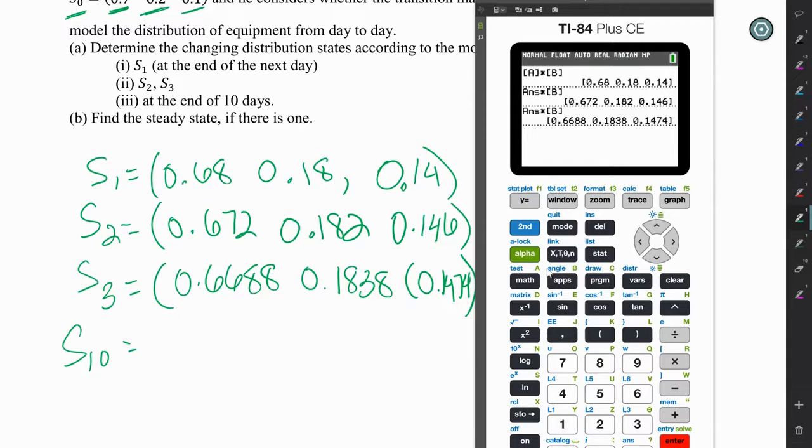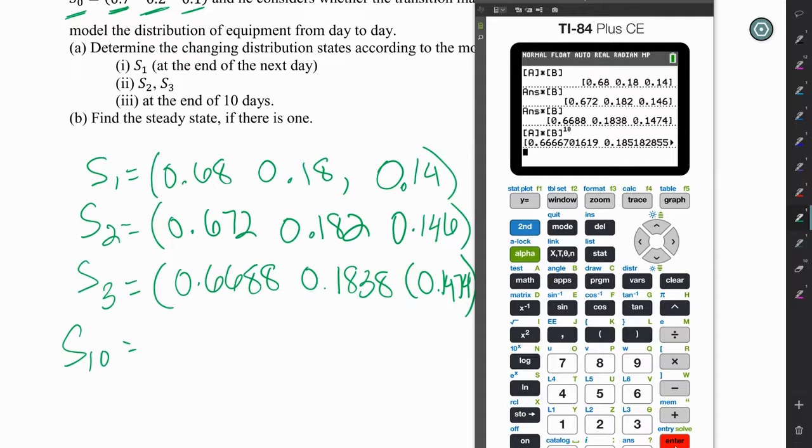So instead, what I can do is I can go back to that first matrix, so my matrix A, and I'm going to multiply that by my matrix B. But instead of just doing B, I'm going to do B raised to the power of 10 because I'm going to essentially multiply by B 10 times. So raise it to the power of 10. And now these are my answers.